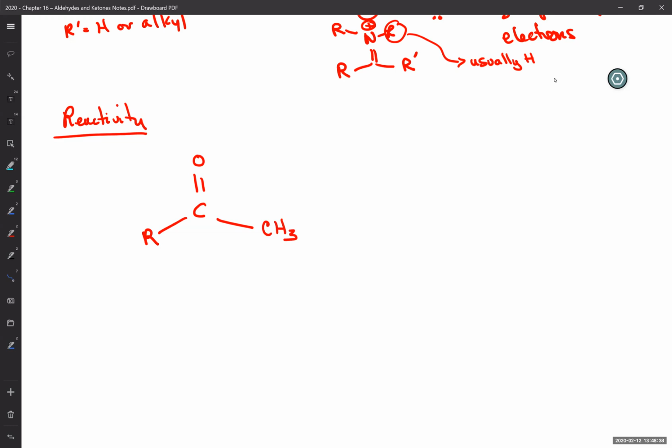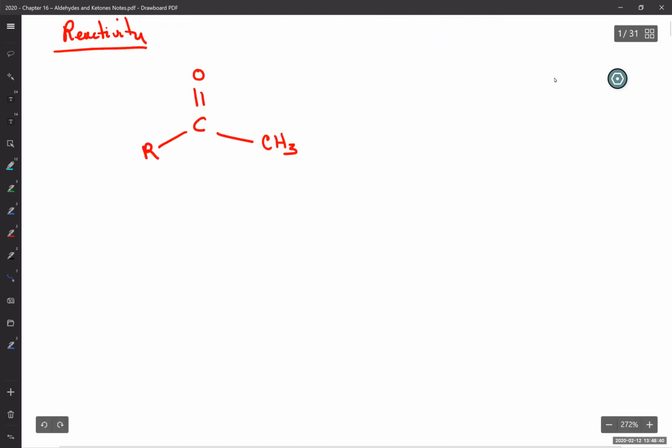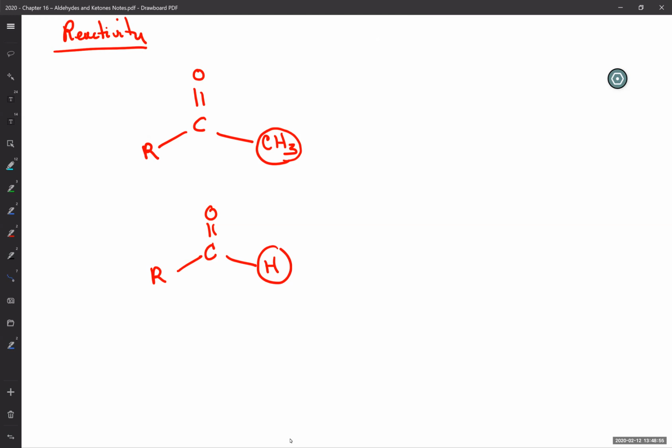And then underneath it, I'll draw the aldehyde version. Like this. So what's the difference in terms of size of a methyl group versus a hydrogen? A methyl is much bigger, right? It's a larger group.